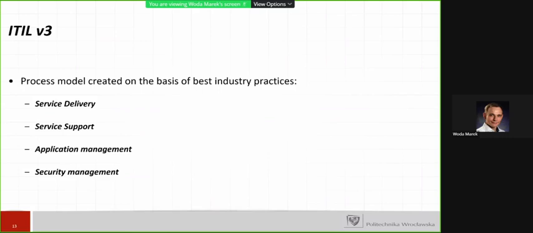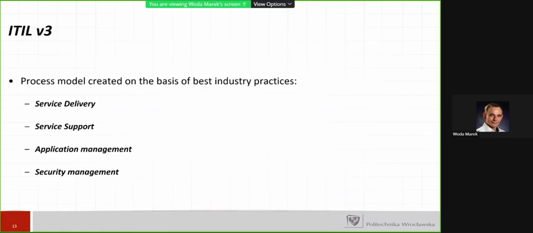Application management, that's pretty much self-explanatory, how we provide control over the software within the organization, but also, if we are a software house, how we can have control over development with certain phases, how we assure quality control, and so on. And lastly, security management. This is also quite self-explanatory. This shows how we take care of the security posture in the organization.